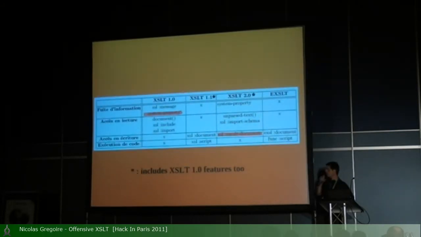For XSLT 1.0, we have a system property which allows fingerprinting the engine, and in XSLT 2.0, we have a result document which allows file creation. So it's interesting, but XSLT 2.0 is not very common.